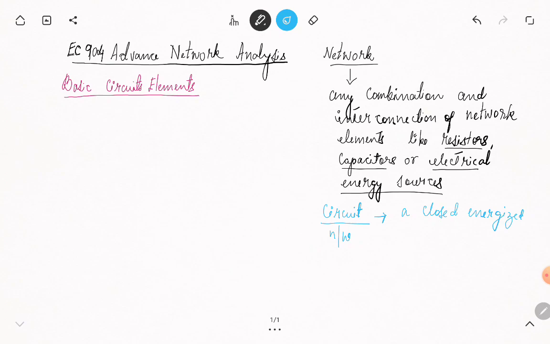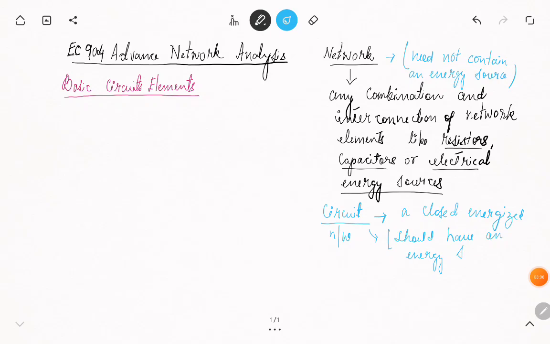Now when we say network, it may contain or it may not contain an energy source, but a circuit should have an energy source, either a voltage source or a current source.